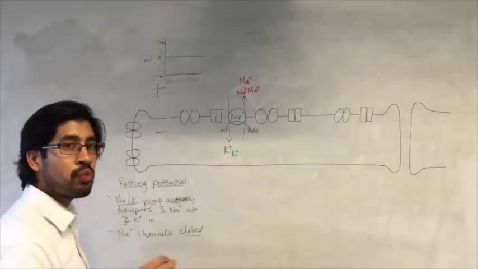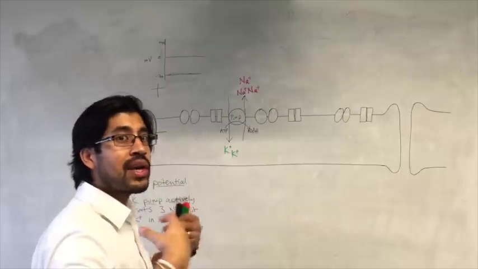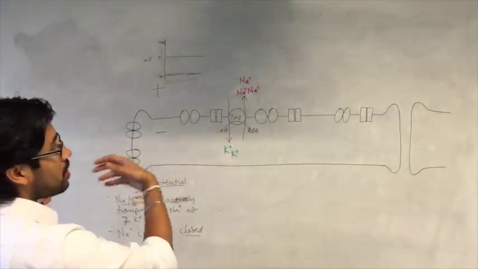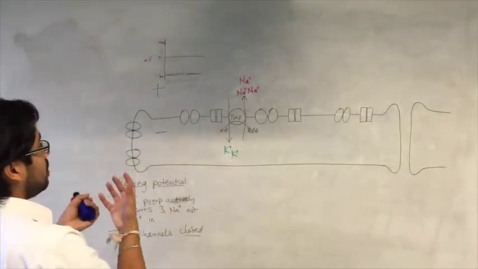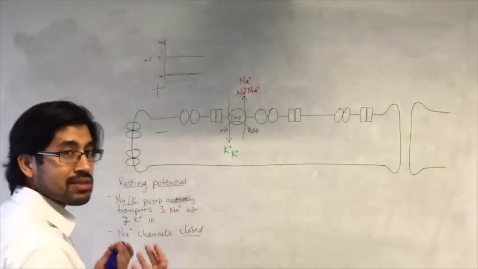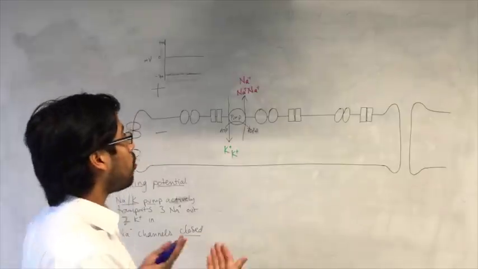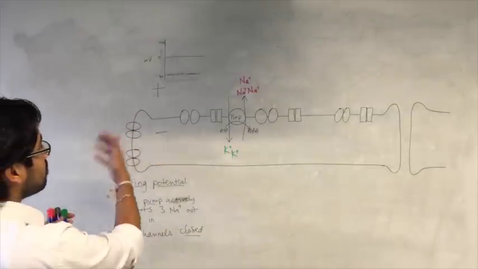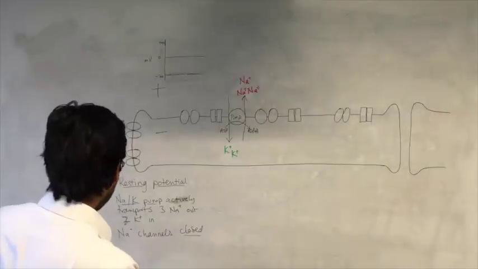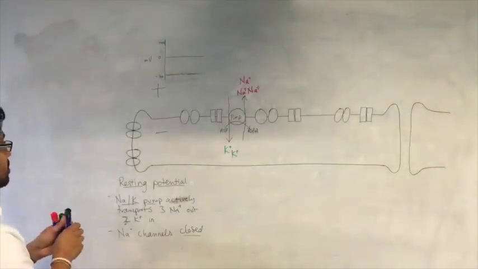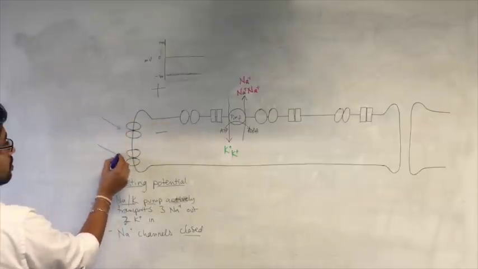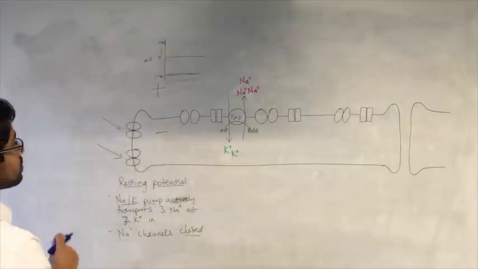Now let's move on to what happens when we get a signal. This neuron is either going to detect some form of energy itself, or it might get activated by a receptor cell. In any case, what happens is that these sodium channels get opened.